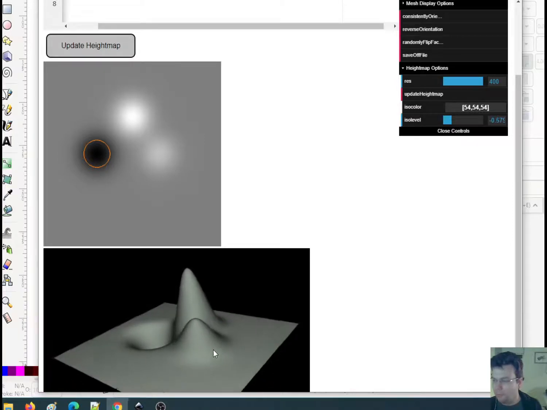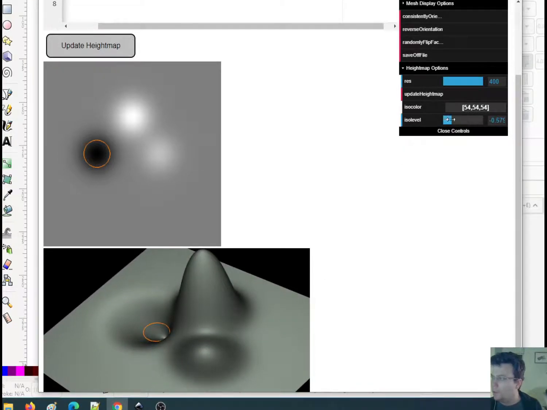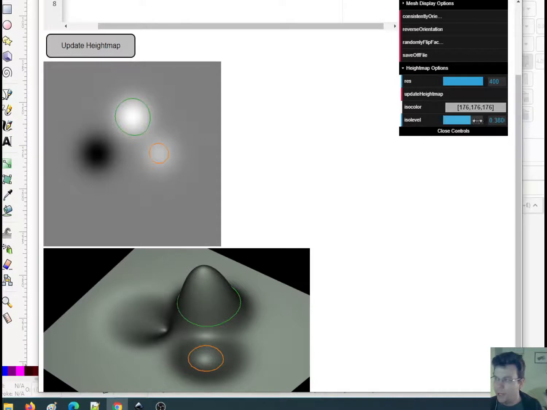Okay, let me show you with the level set first. If I start at this height of 0.38, the level set has two components, two loops. But as I decrease this a little bit, eventually it pinches off and turns into one loop.